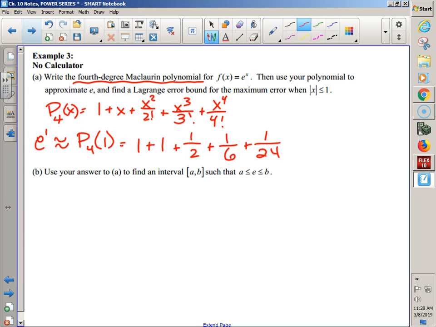Couldn't I make these all 24ths? 24 over 24 and 24 over 24, 12 over 24 and then 4 over 24. What would that be? 24, 48, 60, and 65. I think it's 65 24ths.